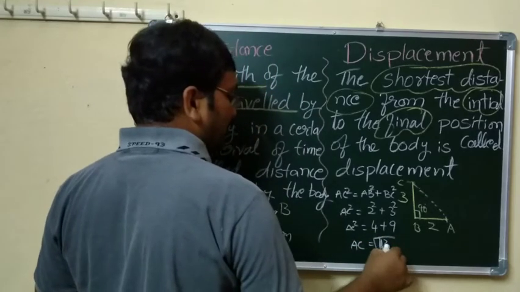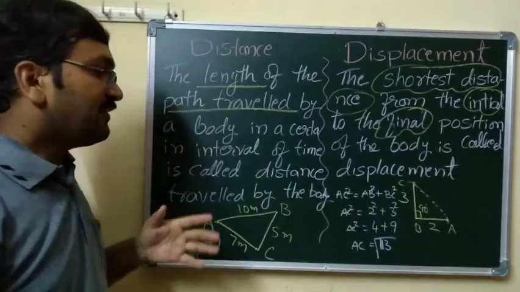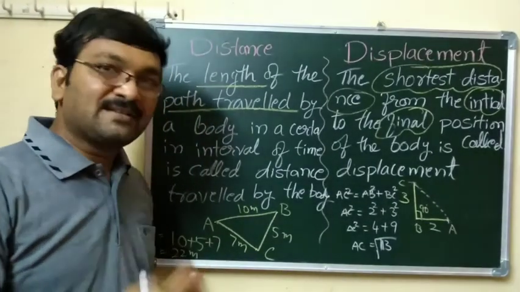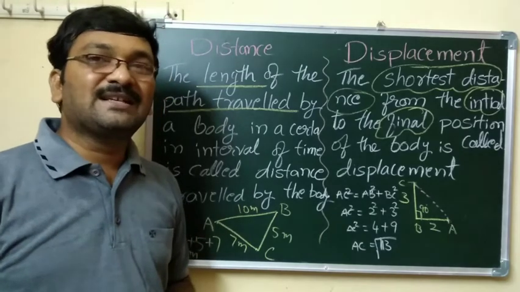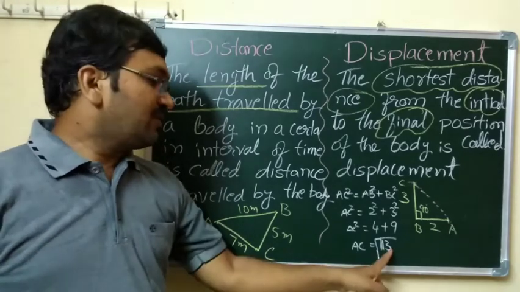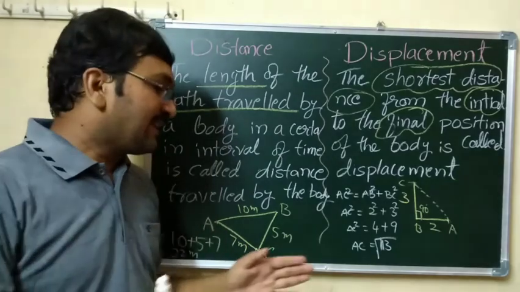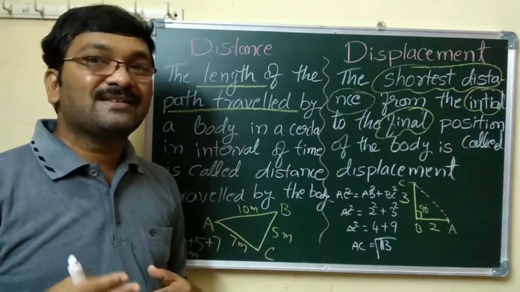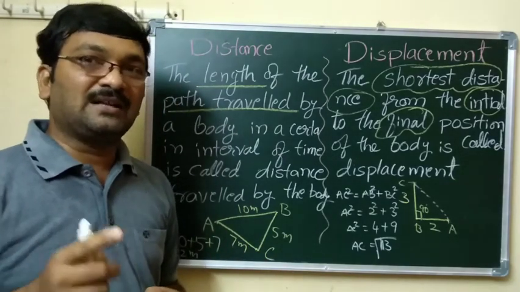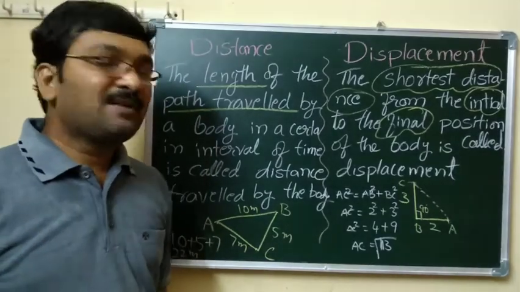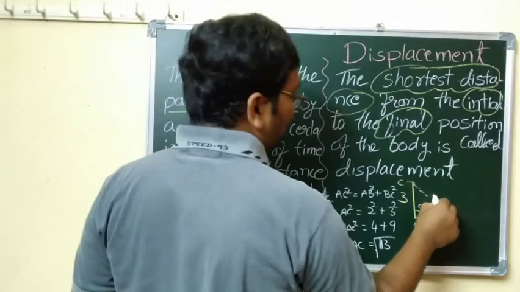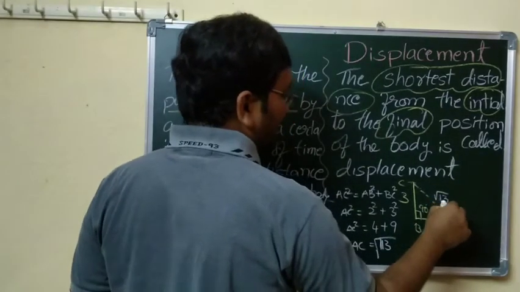Root 13 means nearby you will get 3 point something. Suppose root 16 is 4, and on the other side root 9 is 3, so its approximate value is 3 point something. Now I am writing it as root 13 only.